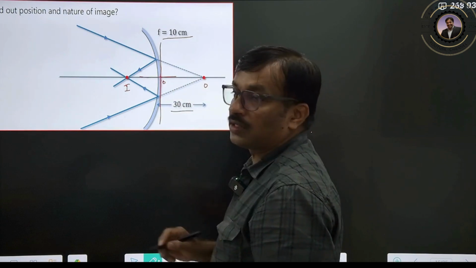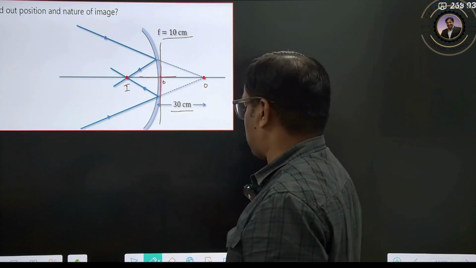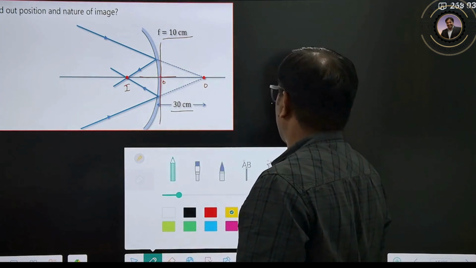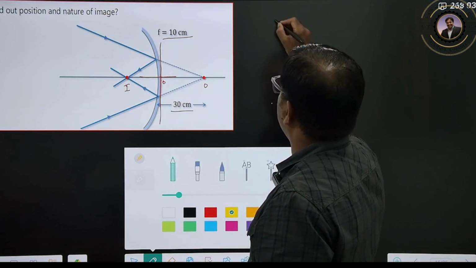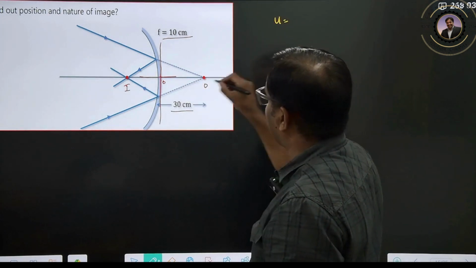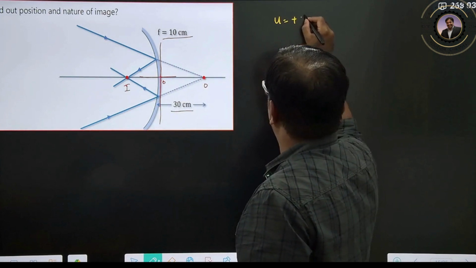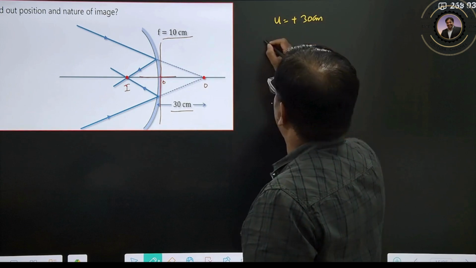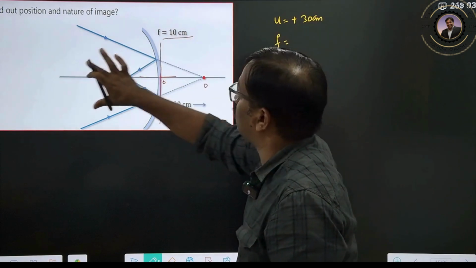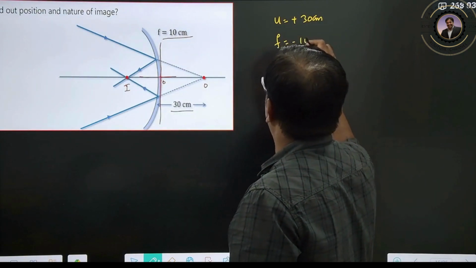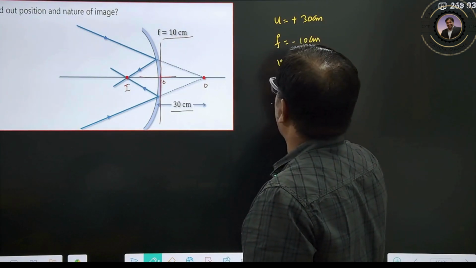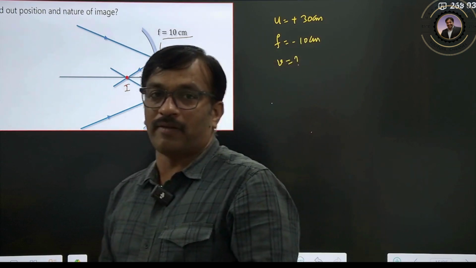From here to here is the object distance, and here to here is the image distance. Clear? Therefore the object distance is, on this side, plus 30 centimeter. The focal length, toward this side, is minus 10 centimeter. So we have to calculate the image distance. Clear? Very simple.